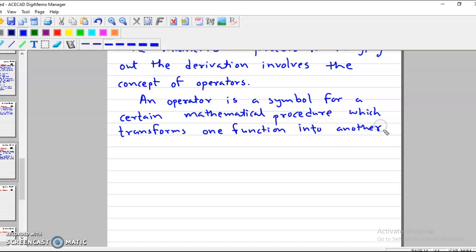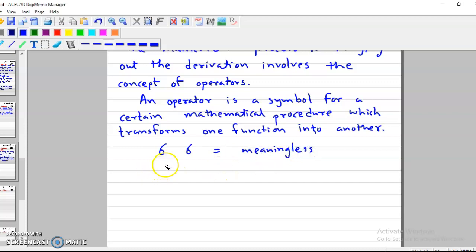We have used operators since childhood, but we do not know whether they are called operators or not. For example, if I write 6 and 6, what is the answer? You will get confused. Why? Because this is meaningless. It has no answer.